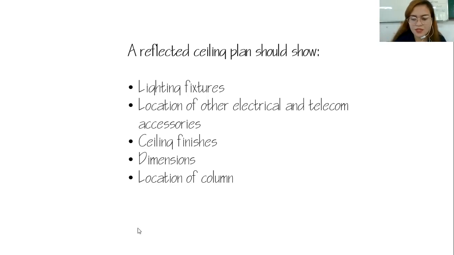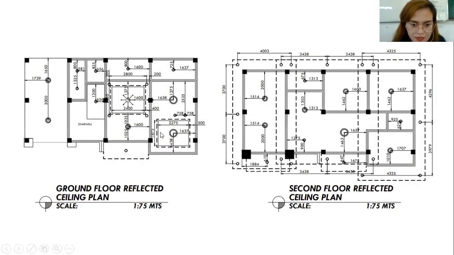So if this one here is a different elevation, like for example, it goes down, you need to put it here to show how deep the elevation is or how high the floor to ceiling height is.